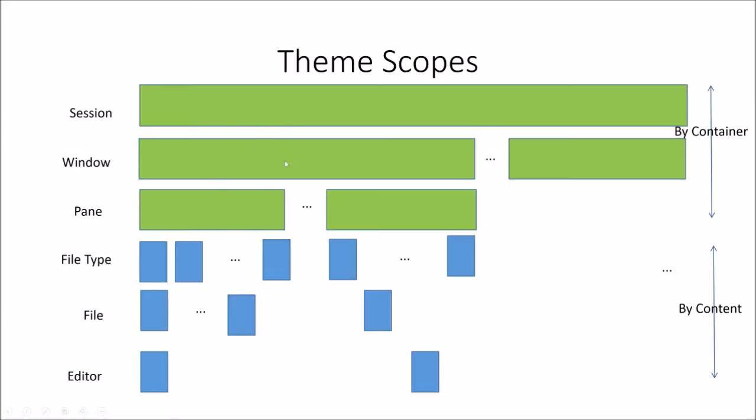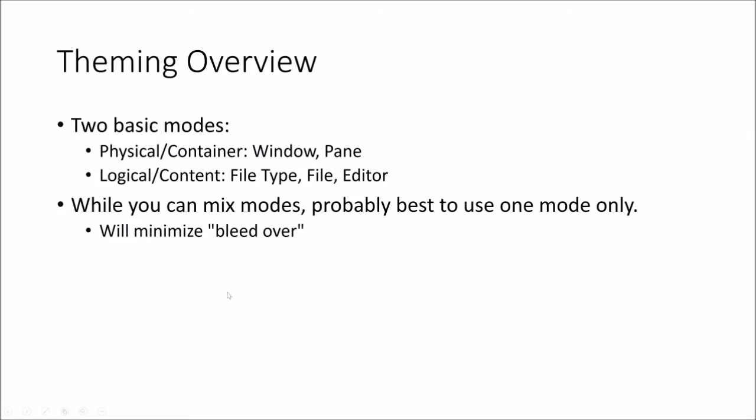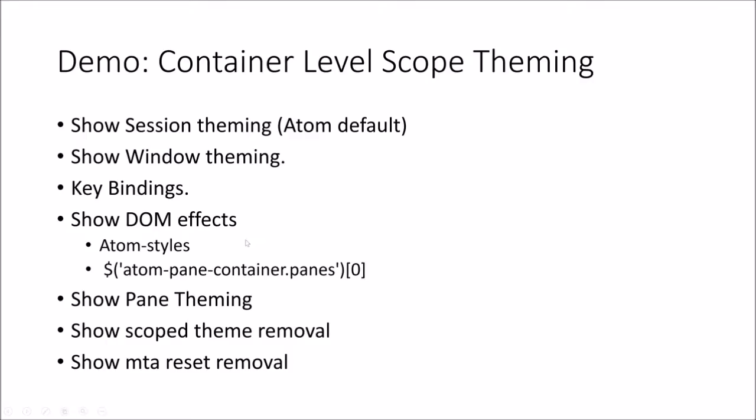Each time you lay down a CSS, you have a CSS here, a CSS at this level, a CSS at this level. You're going to get a potential for a lot of bleed over and merge conflicts. So generally speaking, you either like one or the other. That's basically what I say on this slide.